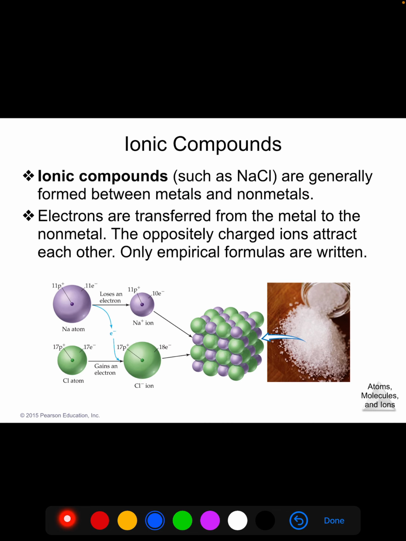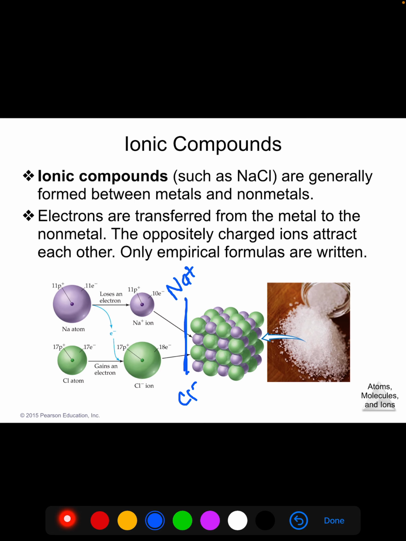So, if you have sodium forming a +1 ion, it loses an electron, and you have chlorine forming a -1 by picking up that electron from somewhere. What you end up with is what we write as Na plus and Cl minus. But here you have opposites, and you know what opposites do.